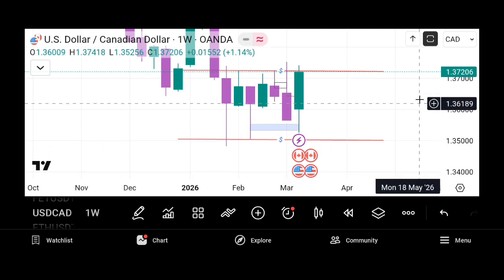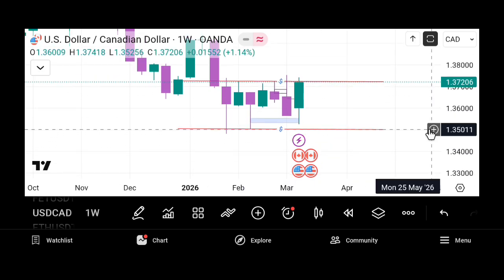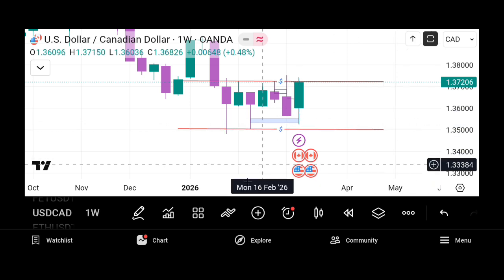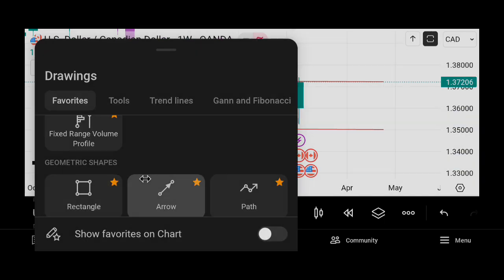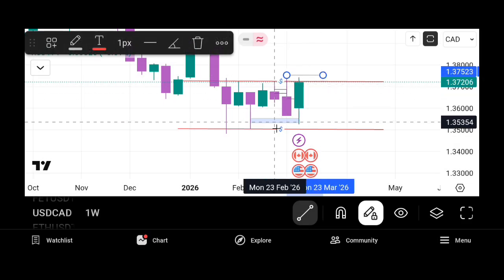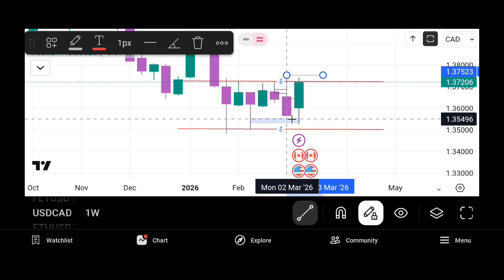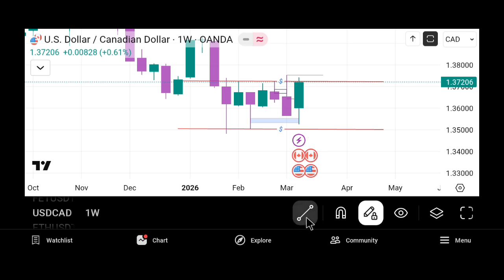But looking at the weekly chart, weekly candlestick right here, last week's high does not look safe anymore, because last week's low was taken. So the high will be next. The high will be next.